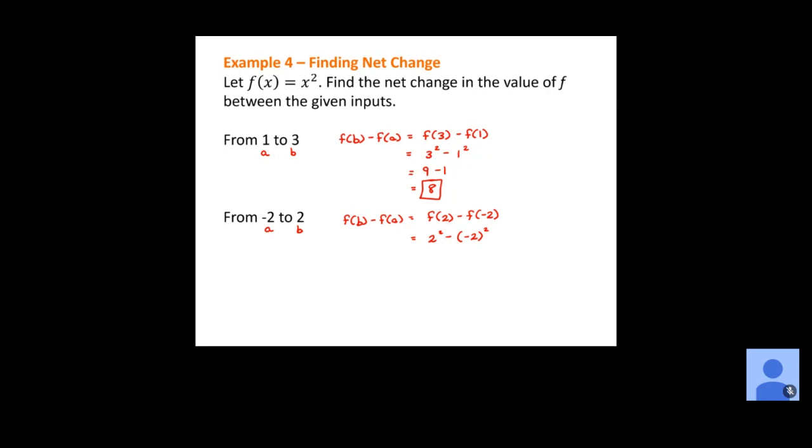Now we simplify. If we do our exponents, 2 squared is going to give us 4 minus, and then the -2 squared becomes a 4 also. And then 4 minus 4 actually gives us 0 this time. And so our net change from -2 to 2 is actually 0.